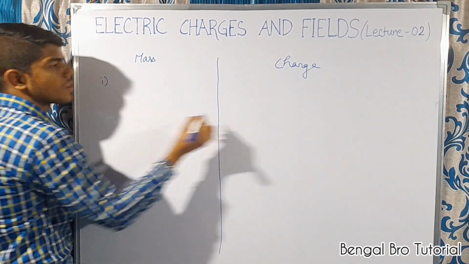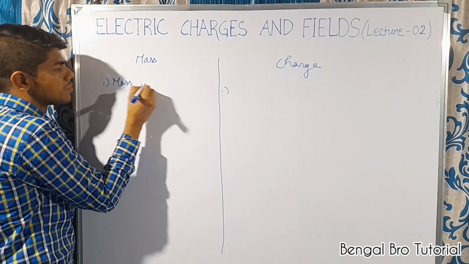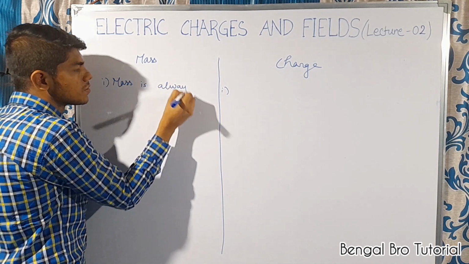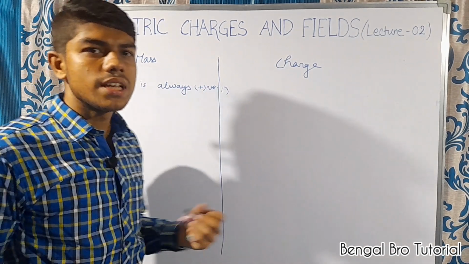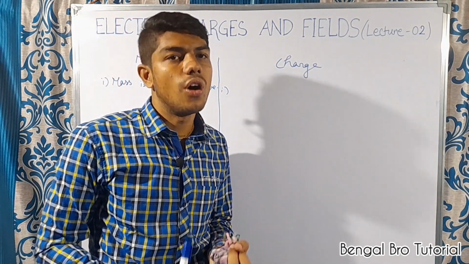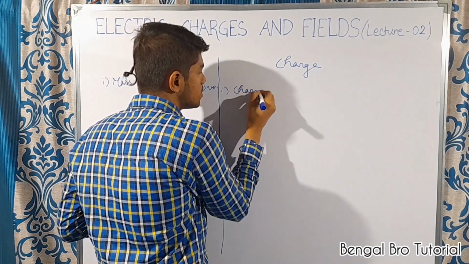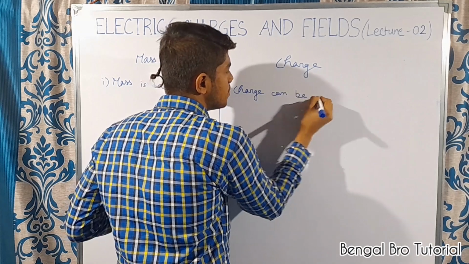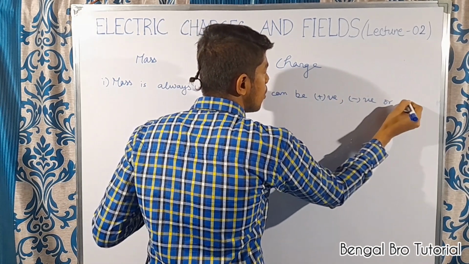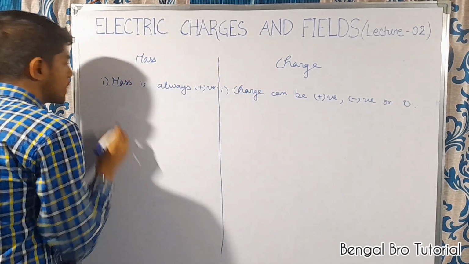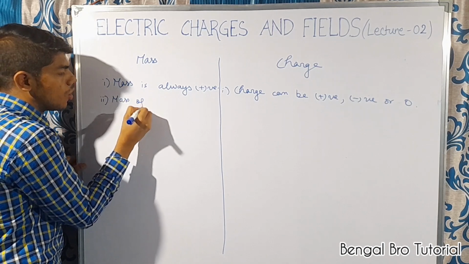First point, mass is always positive, but charge present in a body can either be positive or negative or zero.